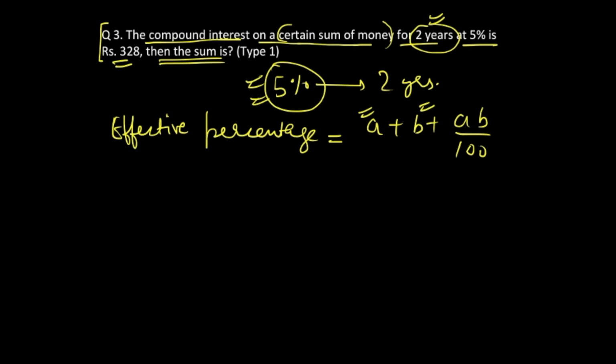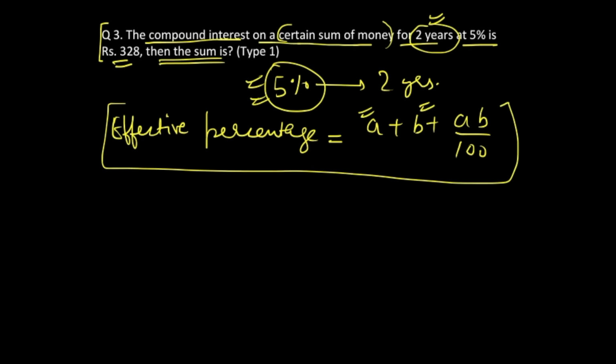So this formula calculates the effective percentage rate. Instead of applying this 5% on a particular sum for 2 years, you can find the effective percentage and apply it on the same sum for one year, right? This is what happens in the effective percentage formula.